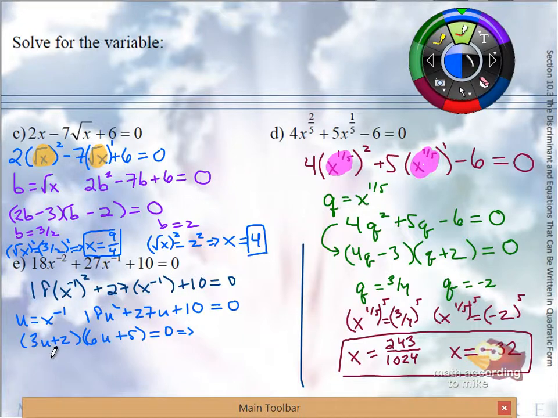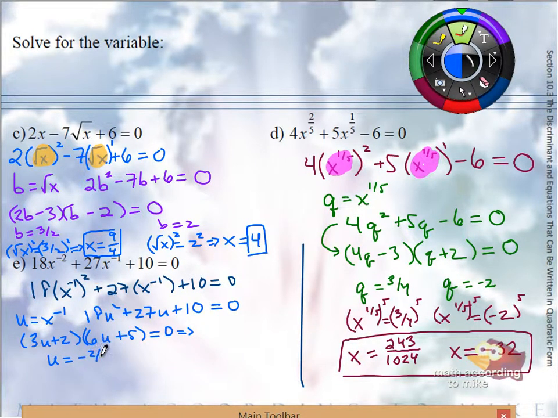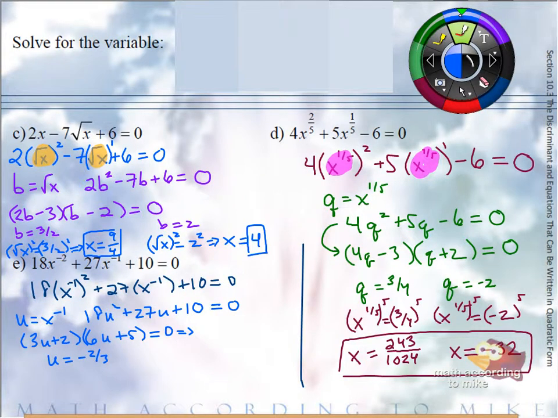So this implies that u equals negative 2/3, good. And then the second factor says u equals negative 5/6. Hold for applause. That's good. But we did not start with u. We started with x to the negative 1. x to the negative 1 says take the reciprocal.